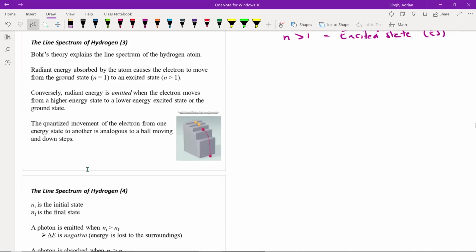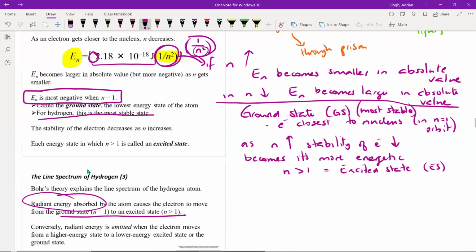atom. And again now, thinking of energy being in these quanta, in these packets, they come in discrete packages or bundles of energy, we can now explain what's actually happening. So when an electron goes from the ground state, n equals 1, to an excited state, it is actually absorbing energy. Okay, and we saw that in our model up here.